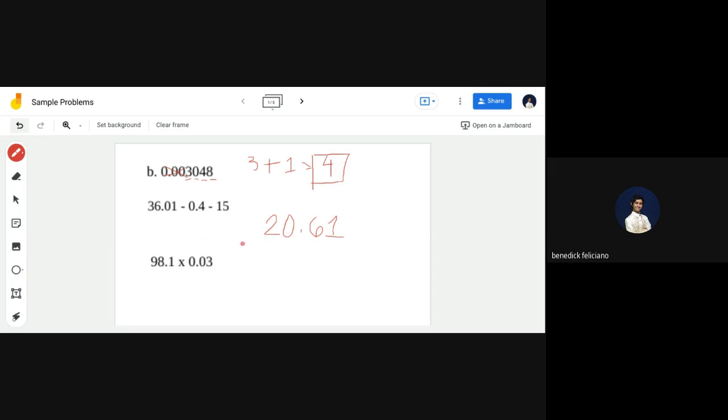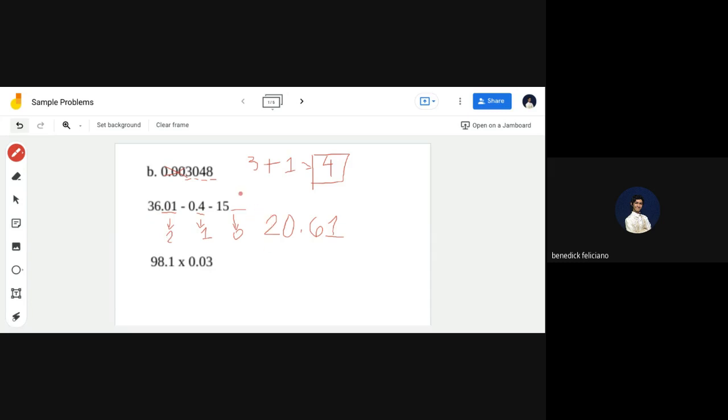According to one rule in significant figures, when we are dealing with subtraction or addition, we need to take note of the number of decimal places. So we have 15 having 0 decimal places, 0.4 having 1 decimal place, and 36.01 having 2 decimal places.